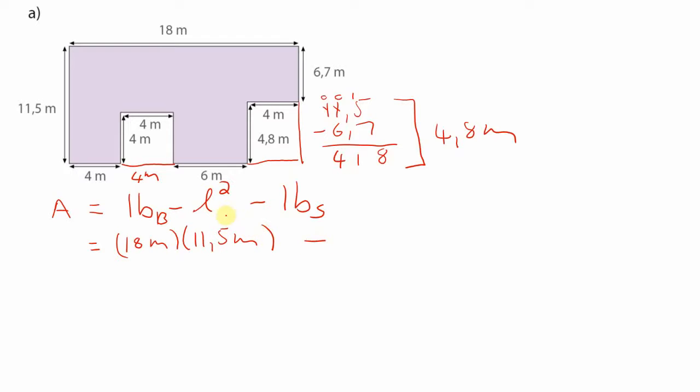And then I'm going to subtract 4 by 4. So it's 4 squared, or 4 meter squared. So now let's just put the 2 on its proper place. Minus, we also want to get rid of this gap, which is the length is 4,8 meter.